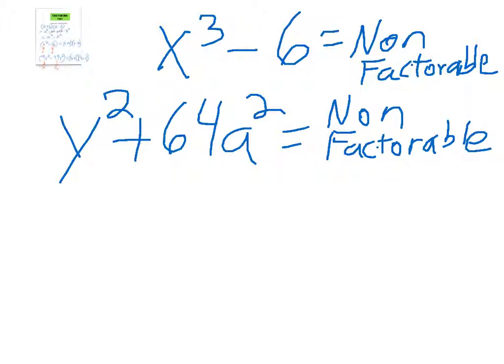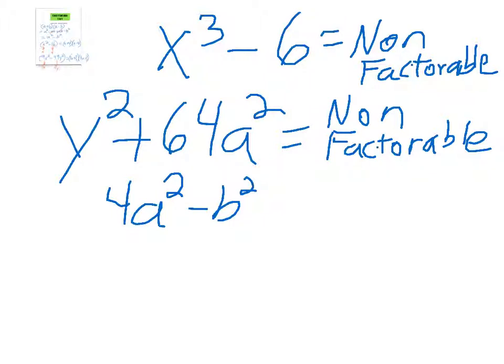Okay, so you see two examples there of stuff that just won't work. Let's try another one that will. Let's do 4a squared minus b squared. Okay, is this one the difference of two squares? Yes, it is.